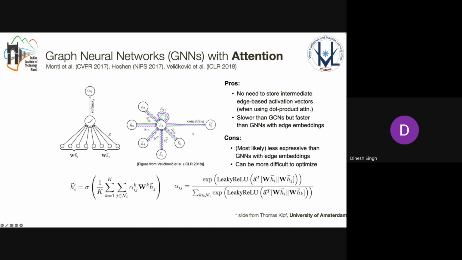This is on top of whatever embeddings we learn through the graph neural network or graph convolutional network. We apply activation functions, and then we apply the softmax function, so at the end we get the probabilities of each connection.